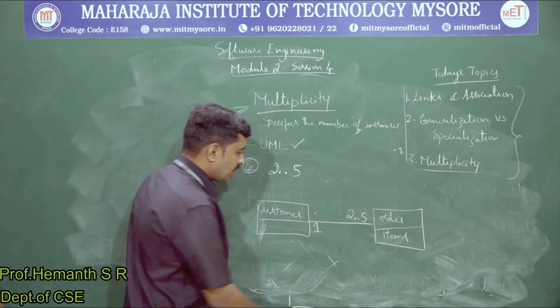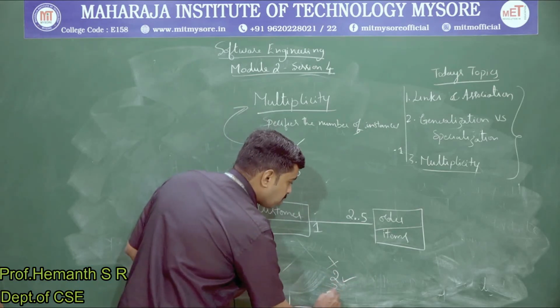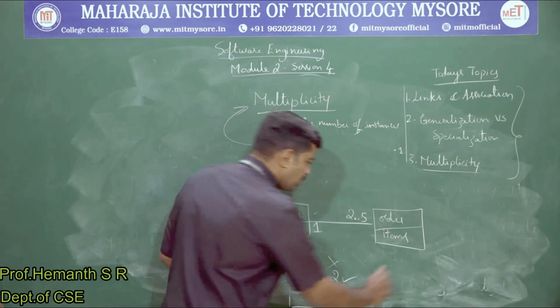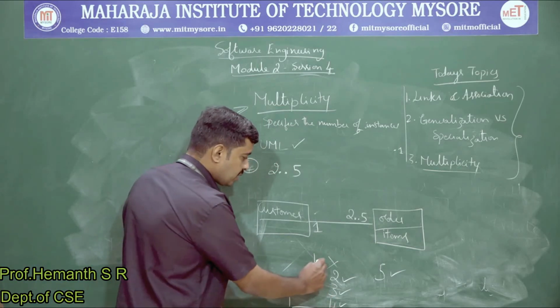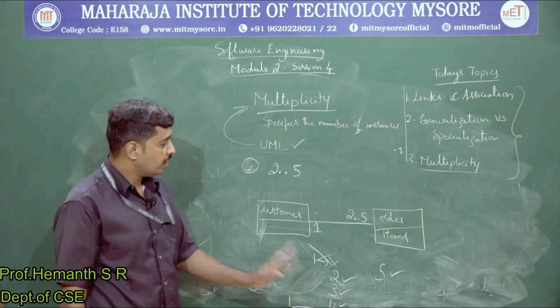So a customer ordering 2 items, yes, it is accepted. Customer ordering 3 items, yes. Customer ordering 4 items, yes. Customer ordering 5 items, yes. Why were all of these accepted? Why was a customer ordering only 1 item not accepted?